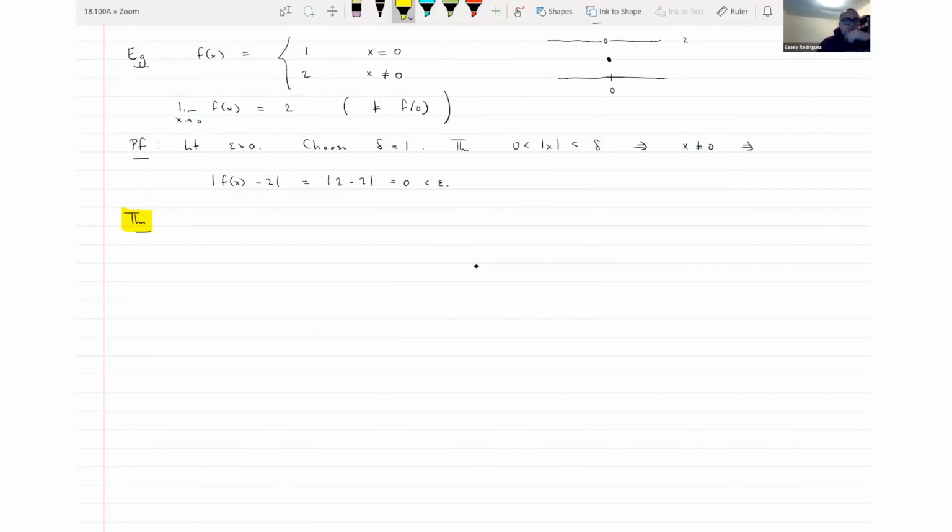All right, so what we'll talk about now is, before this section on the limits of functions, we had the notion of limits of sequences.